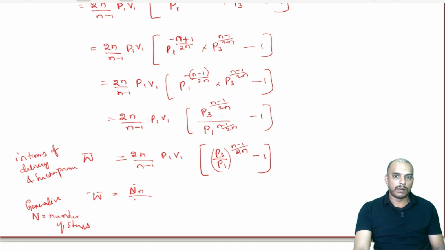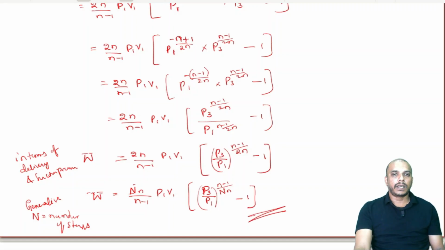So, n into n divided by n minus 1 P1 V1, and this pressure ratio is delivery pressure divided by initial pressure, to the power (n minus 1) divided by n, where small n is 2 for 2 stages. For 3 stages it will be 3. So, minus 1. The expression which we have got is the minimum work required for a number of stages in terms of delivery and suction pressure. Thank you.